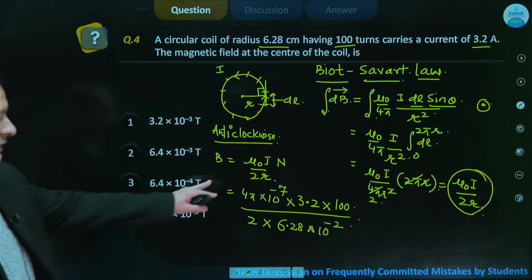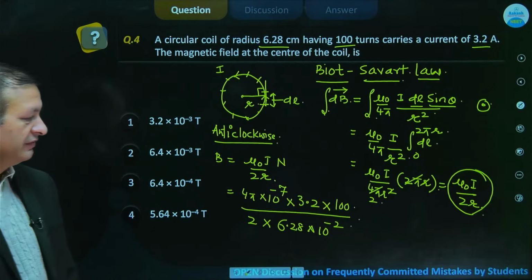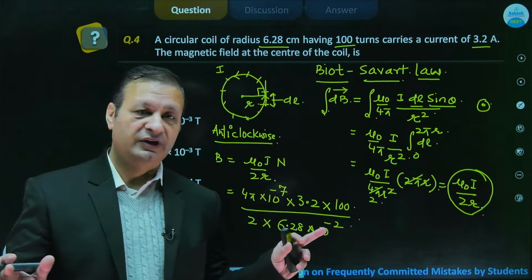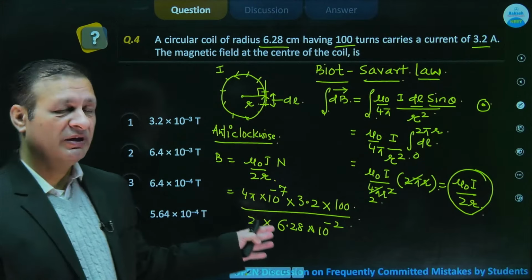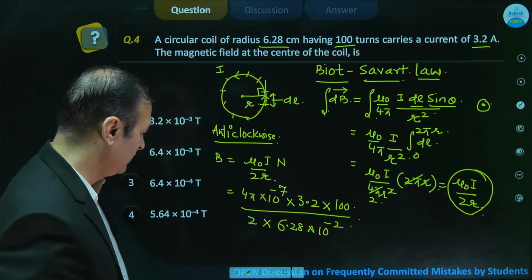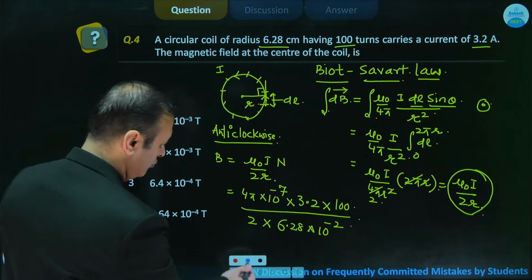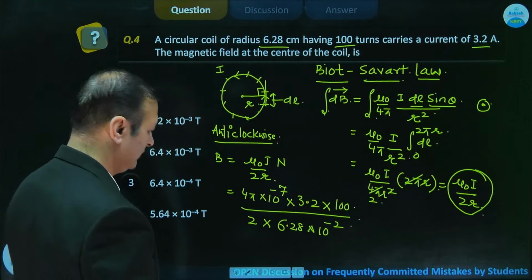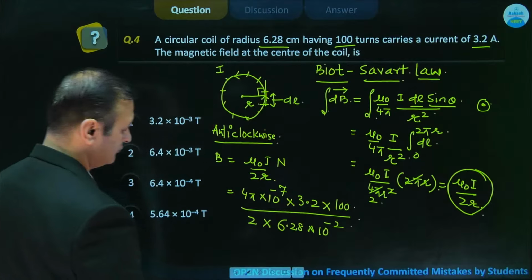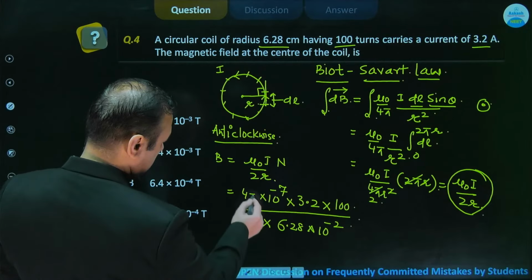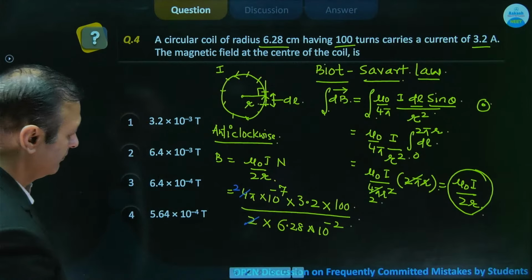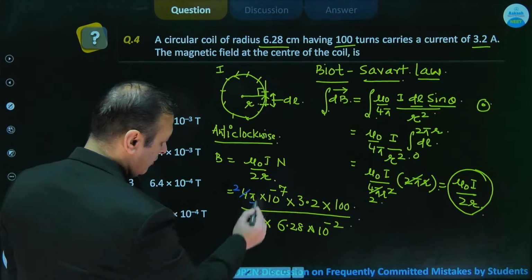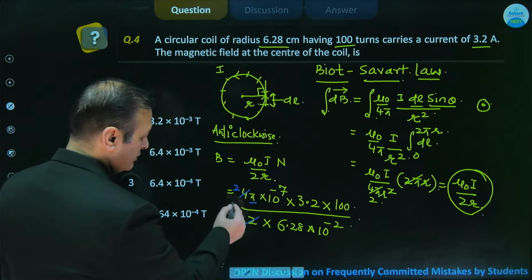So while calculating all the variables, you need to be very sure about your conversions if you have any. So we have to keep all units in standardized format, and now if we calculate this, what it becomes? This becomes 2 into 3.14, so that gives you 6.28.